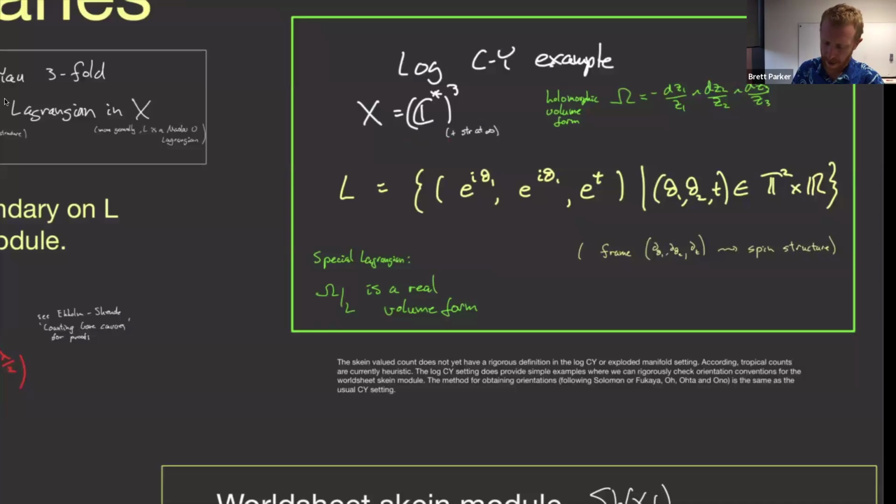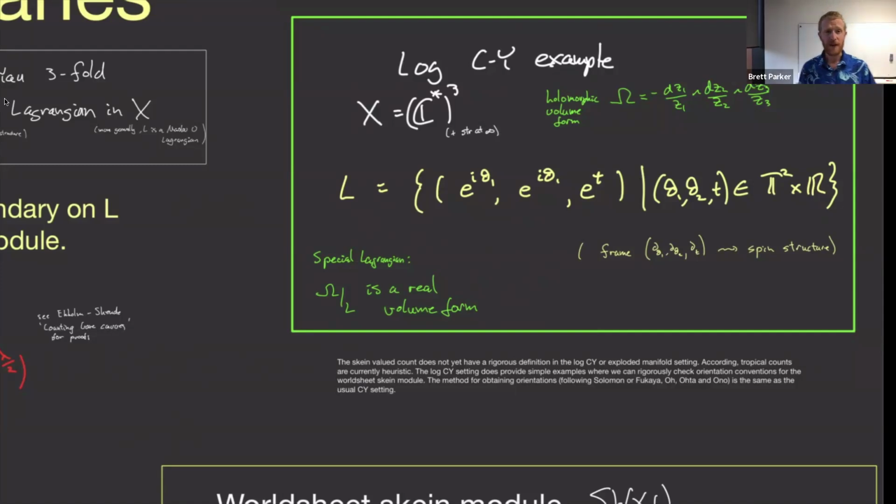An example of a special Lagrangian: I could take the real circle in the first two coordinates and a positive real line in the third coordinate. That's easy to check; this is a special Lagrangian.